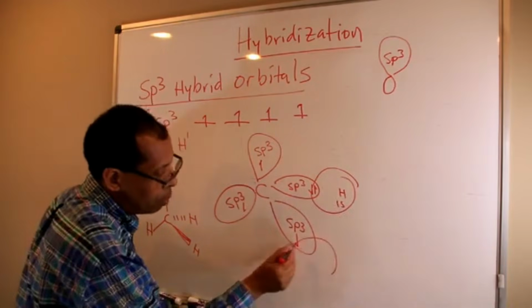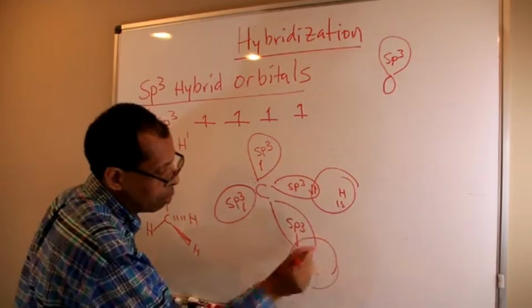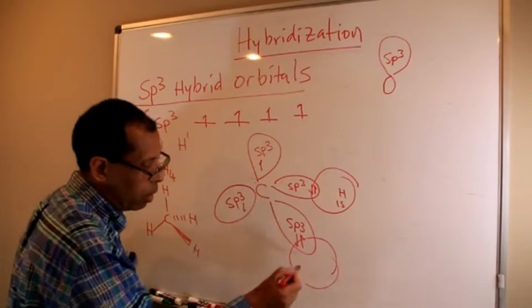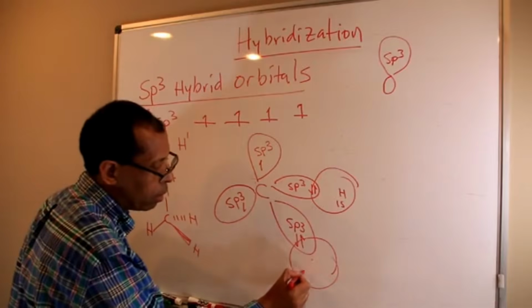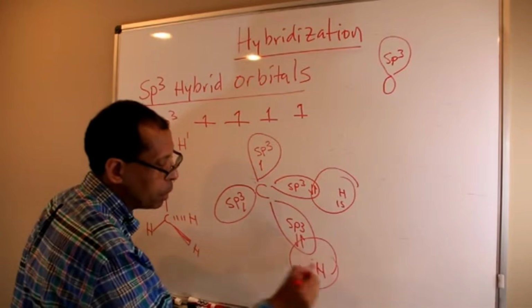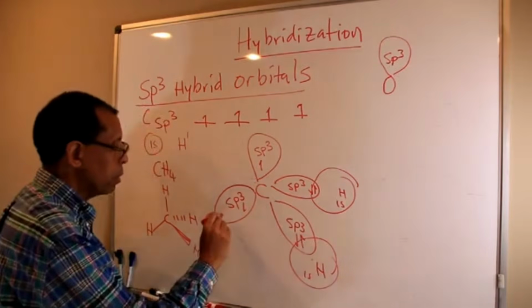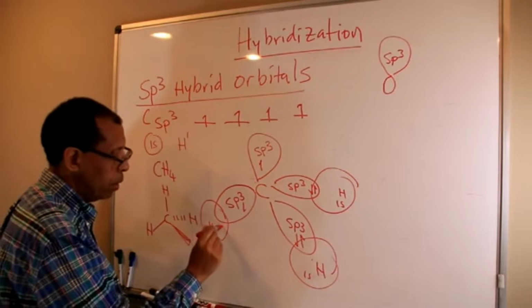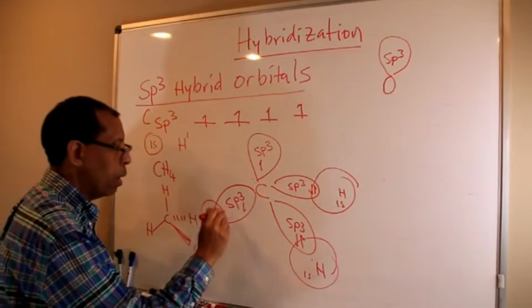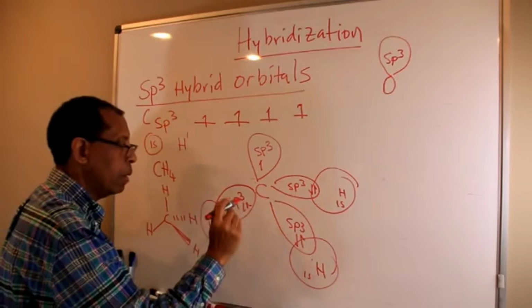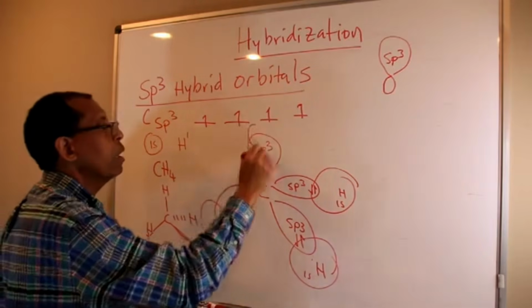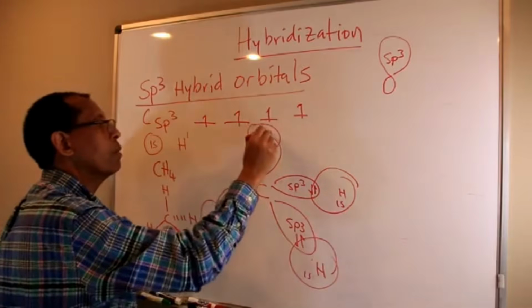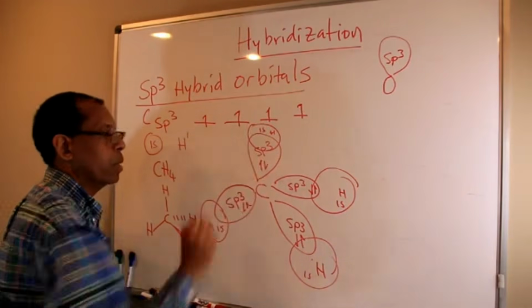If you just bring it to make the bond between these two, there is 1 electron there, and this is a 1s of the hydrogen. This is also hydrogen here, 1s, to make a pair, and here also 1s of the hydrogen to make this pair.